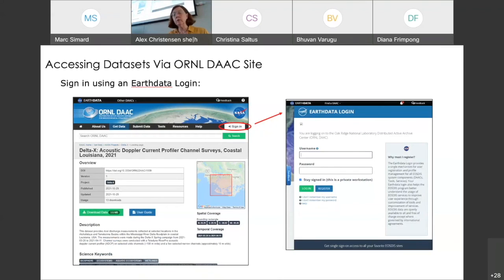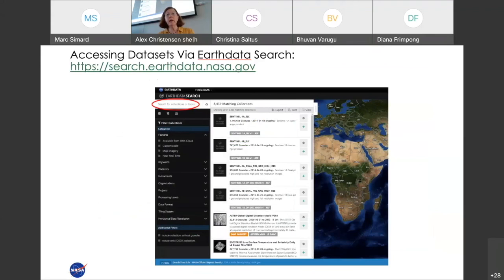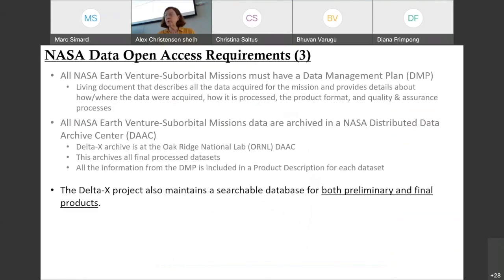People who've taken this tutorial will have already done it probably, but it's a useful thing to have an Earth Data account. You can also access these data sets through a search through the Earth Data website. They have map searches that you can do, and so it's quite easy to access this different ways.